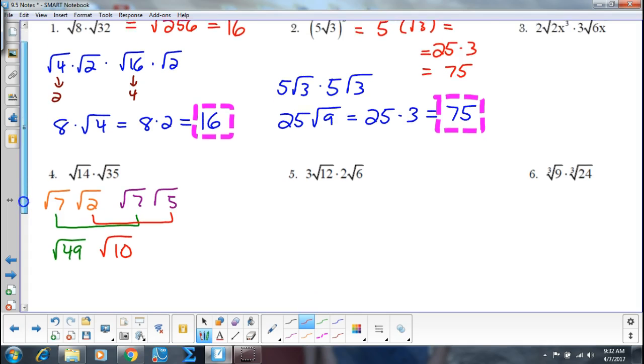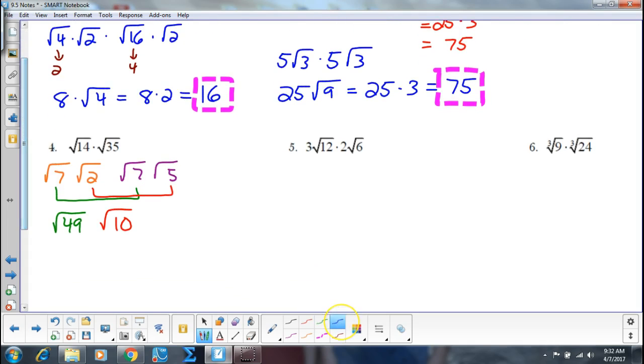So this is 7 times the square root of 10. Want to do any more of them while we're still going, or do you need more time? More time? All right.